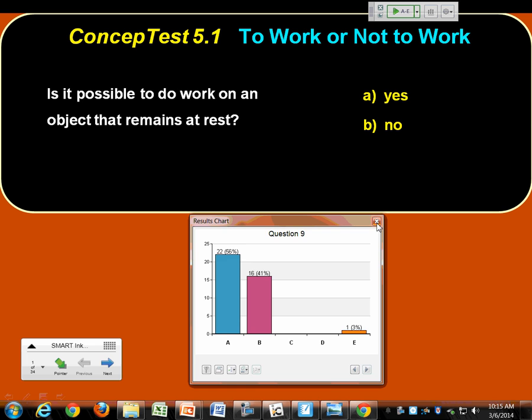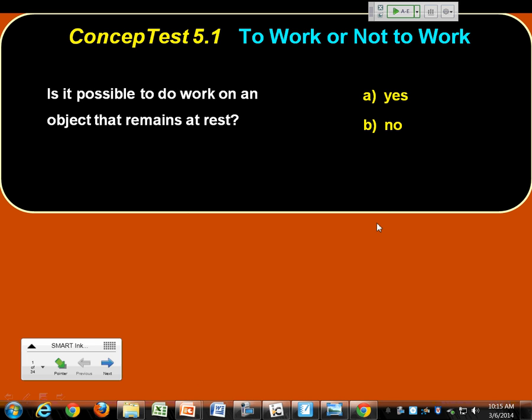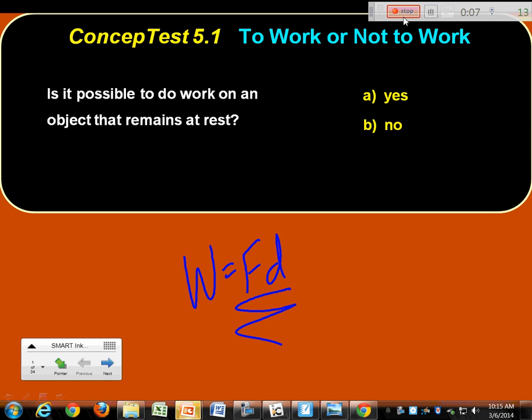Okay, well, I'll remind you of the definition of work. The definition of work is force times displacement. So why don't we try that again? Is it possible to do work on an object that remains at rest? Remember the definition of work, which is force times displacement.